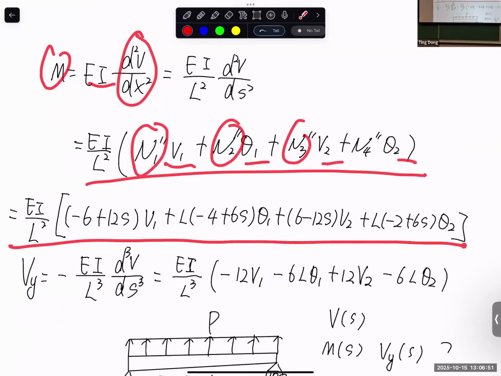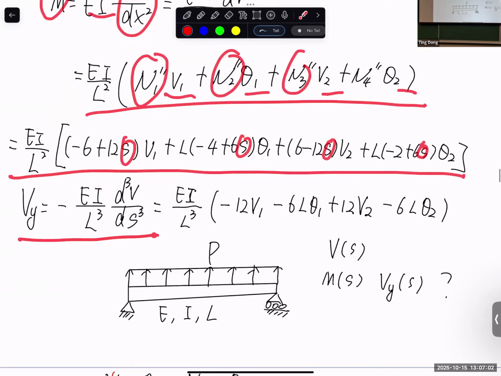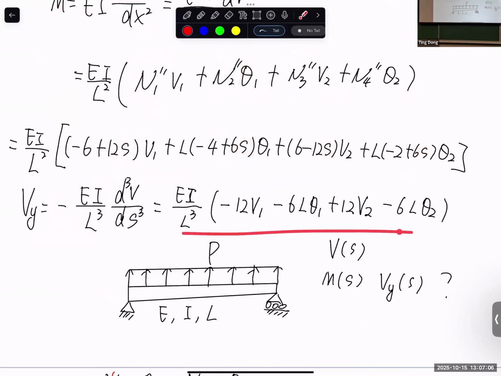This is the one you can use directly for bending moment. You just plug in any s value, and you can get the bending moment anywhere within the beam. Similarly, take one more derivative, and because the sign convention doesn't have a sign in front, you can calculate shear force. Yes, these are the two methods.